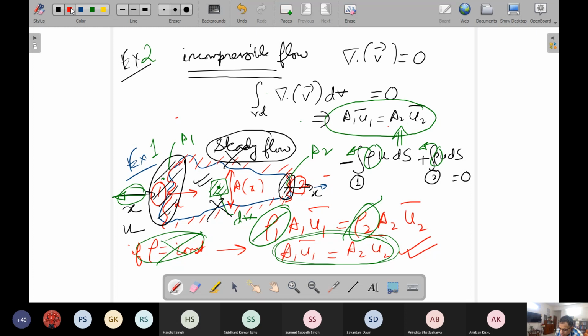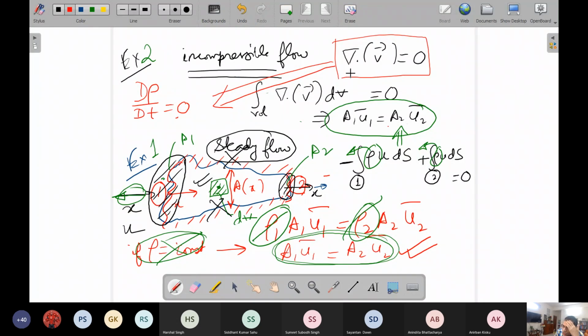See, if you recall that when this was derived, one of the corollaries of the derivation is that the total derivative of density is 0. Right? Why? So this is for incompressible flow. But the general continuity equation, that is the partial derivative of density with respect to time plus divergence of rho v equal to 0, is true for all flows, no matter compressible, incompressible, whatever.